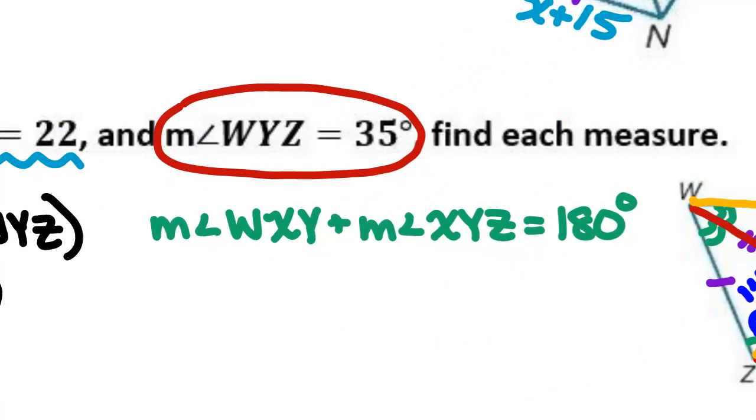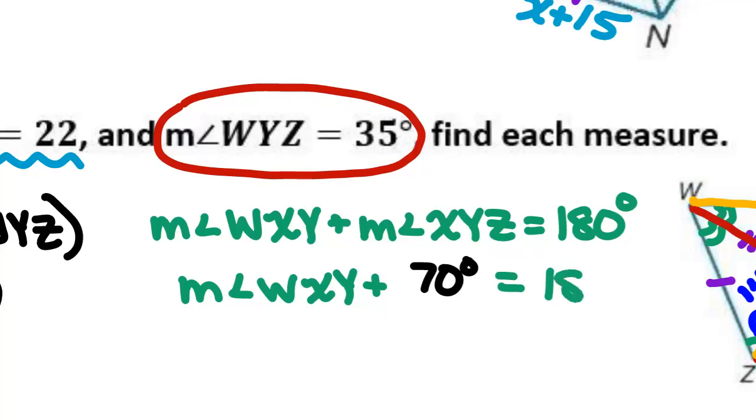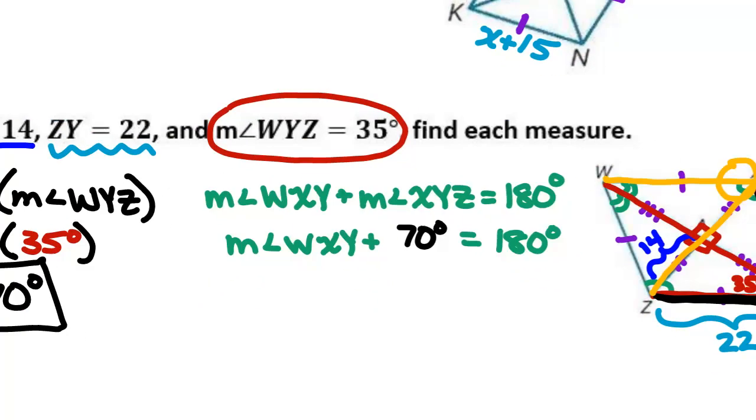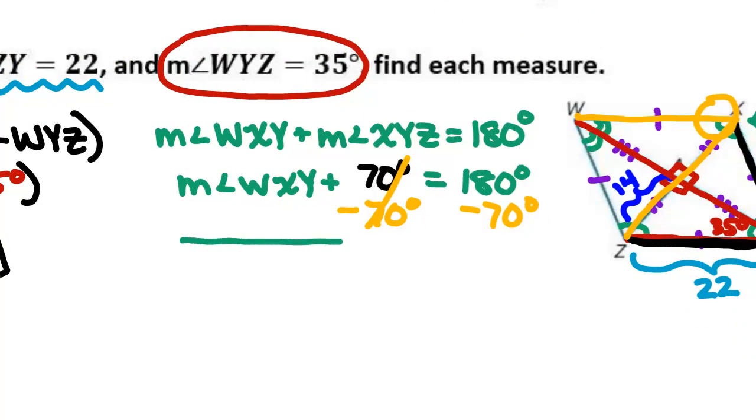Well, we know that XYZ is 70 degrees. We just found that a moment ago. So WXY plus 70 equals 180. So I'm going to subtract 70 from both sides. What is 180 minus 70? 110.